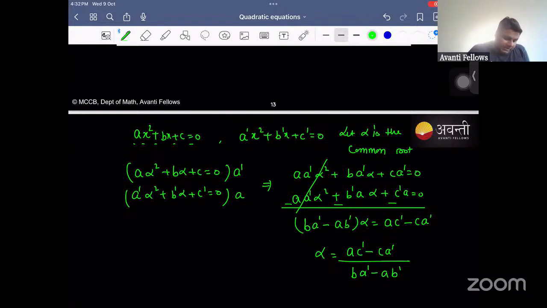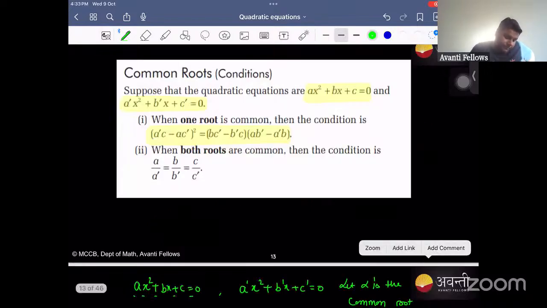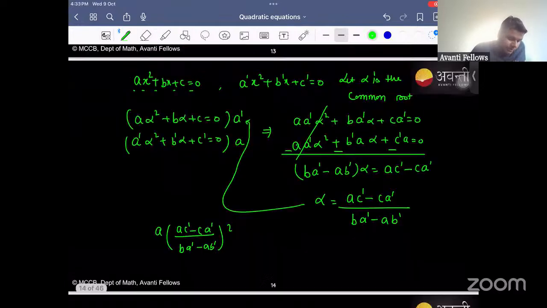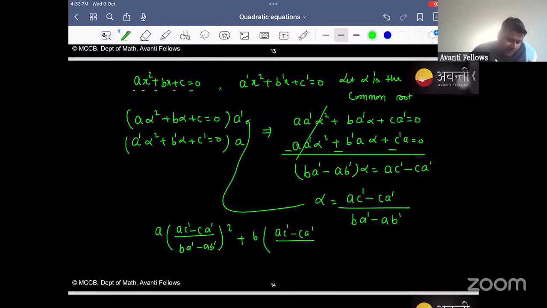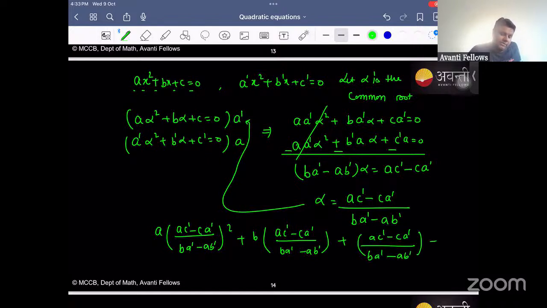Now you place this alpha in any one of the quadratics. I place it in the first equation. So it will become a times ((a c dash minus c a dash) upon (b a dash minus a b dash)) whole square plus b times (a c dash minus c a dash) upon (b a dash minus a b dash) plus c equal to 0.